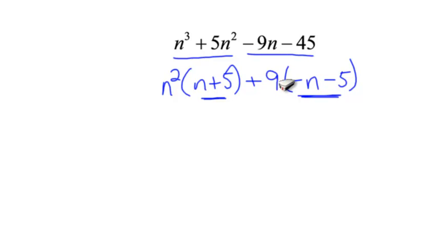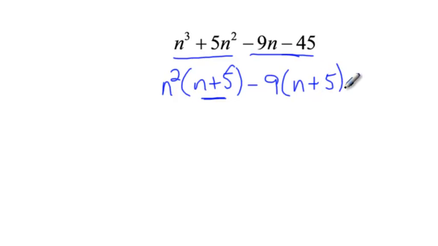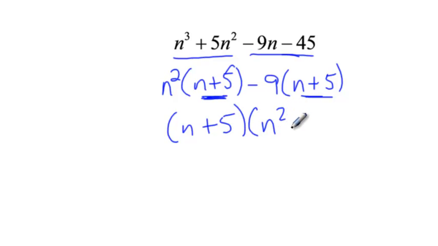But I can erase this and go back in. I'm going to keep that n plus 5 there. Instead of 9 being what's common, I'm going to take out a negative 9. And that will then leave me with n plus 5. That's good, because now this is the same as this, and we can take that out and have n plus 5, left with n squared minus 9.